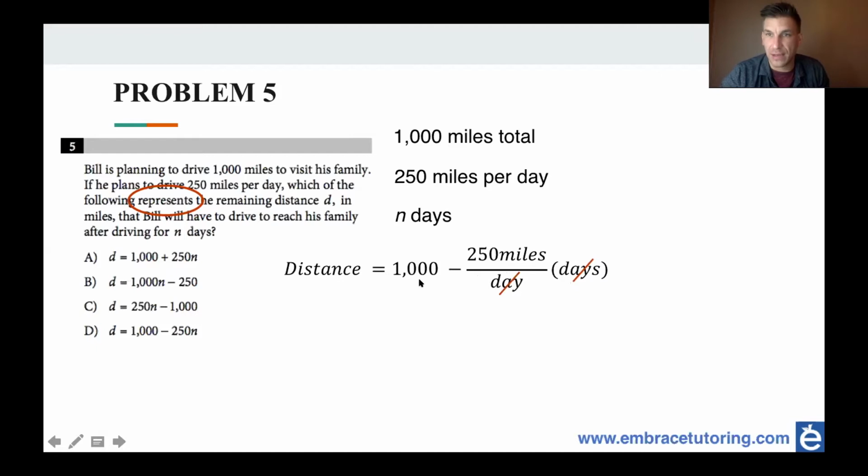And this 1,000 is essentially my starting amount, right? And now also notice this, and here's a quick tip: if I follow the units, because it's asking me for the total distance here, this is in miles. Now, here's a master tip I will give you.